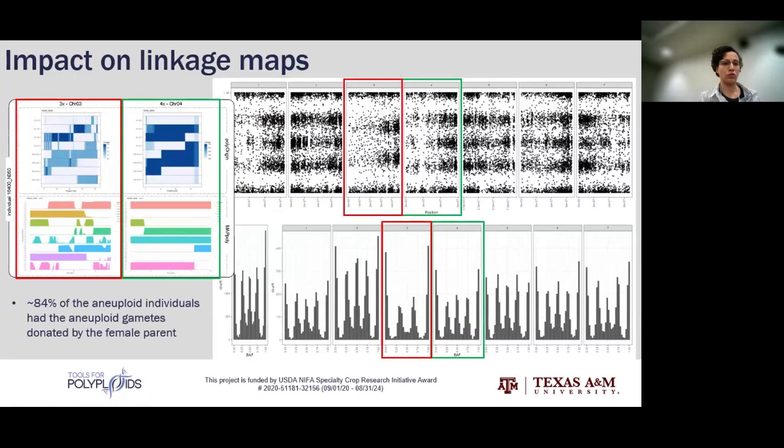And then we assume in our analysis that the haplotype that has more breaks, I don't know if I can call them breaks because we know that's wrong, but the one that's more messy is probably the parent that donated the aneuploid gamete. And considering that, we found that about 84% of the aneuploids that we observed, the gamete came from the mom, which also makes sense because gametogenesis in the female suffers less selection.